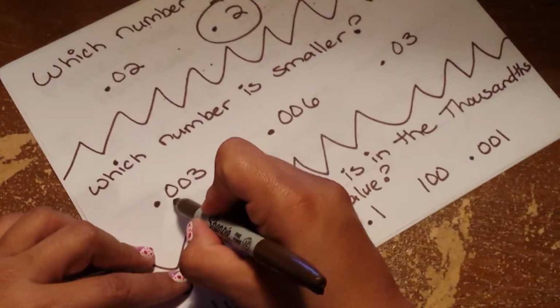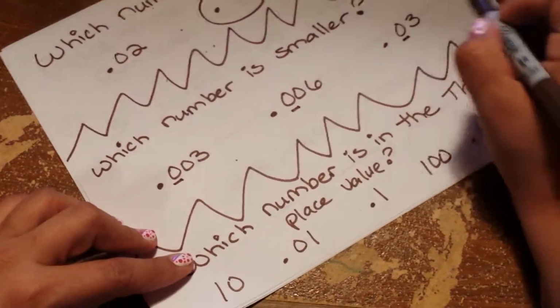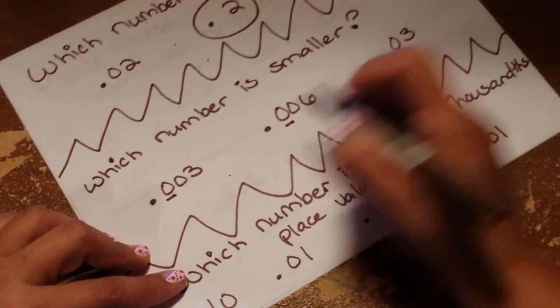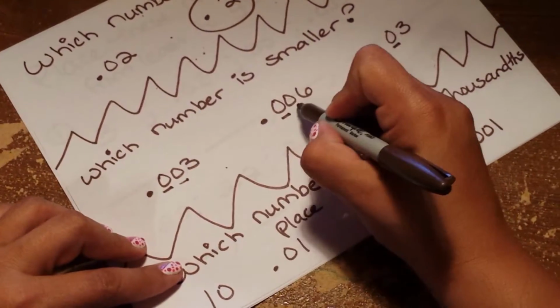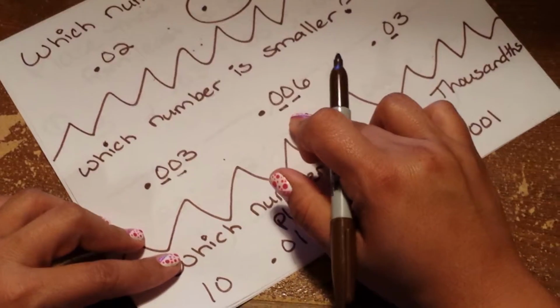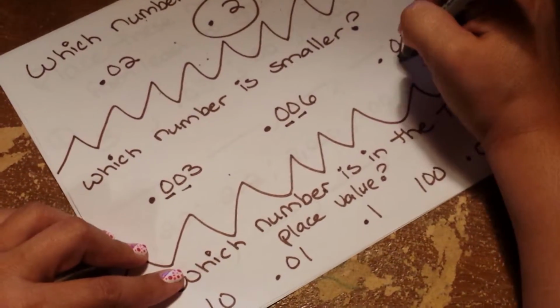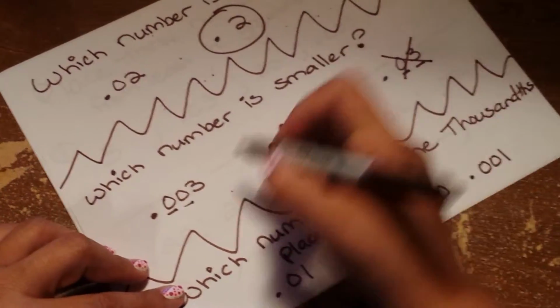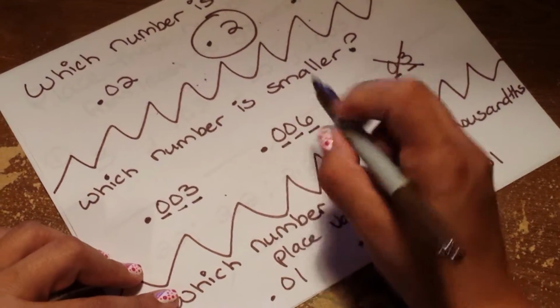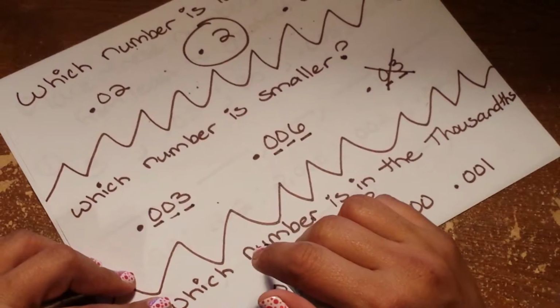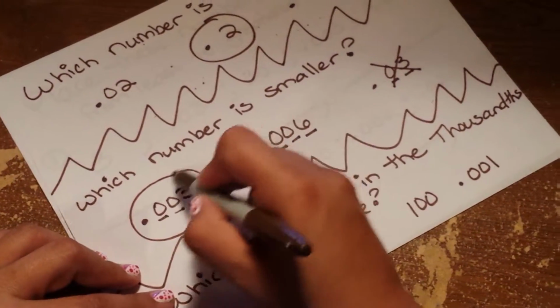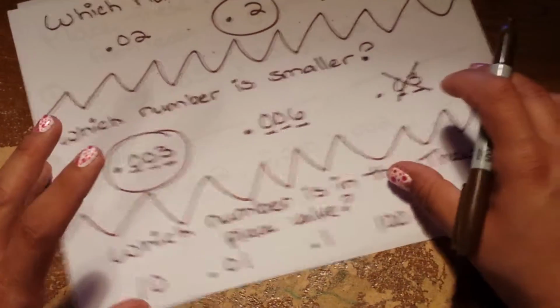Let's compare. We got one place value. They're all zeros, so far they're equal. Next place value, those two are zeros, so they're equal. This one is a 3, so this one is a larger number, so we don't want that. Let's look at our next place value. We've got a 3 and a 6, so our smaller number is going to be 0.003.